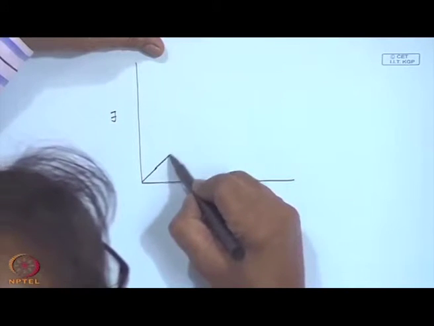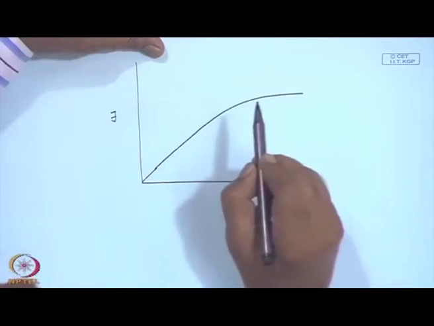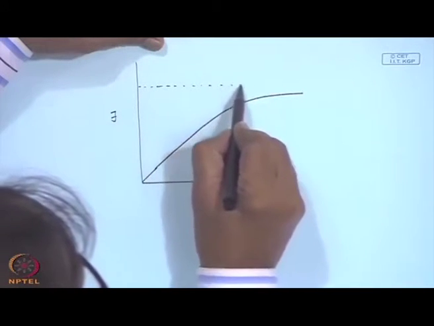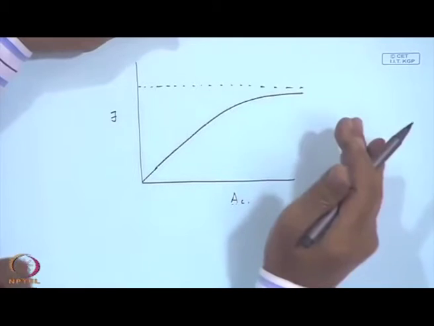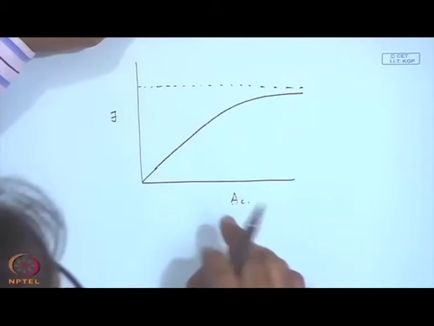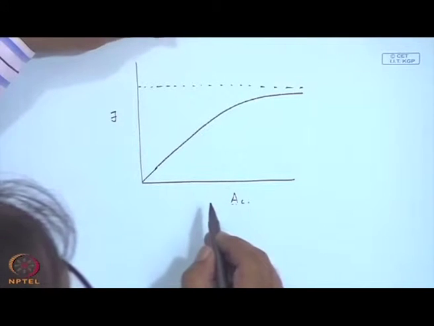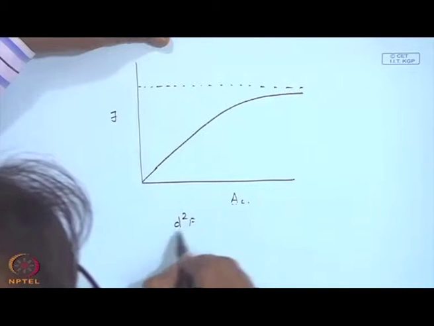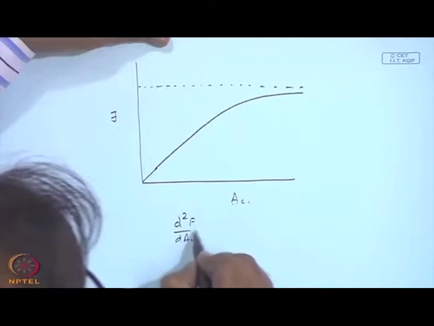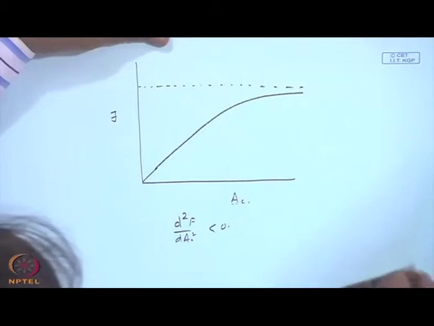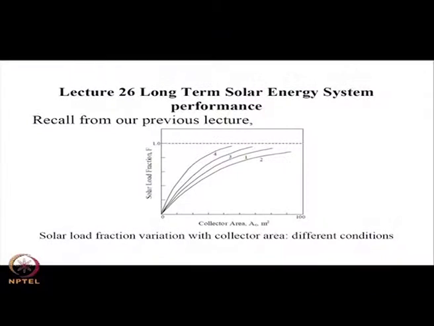Subsequently, either because of non-uniformity in the load or non-uniformity in the solar radiation, equal incremental areas will not result in equal incremental f, it will be less, which makes it a convex upwards curve, making d squared f upon dAc squared negative. That means f increases at a decreasing rate with area.